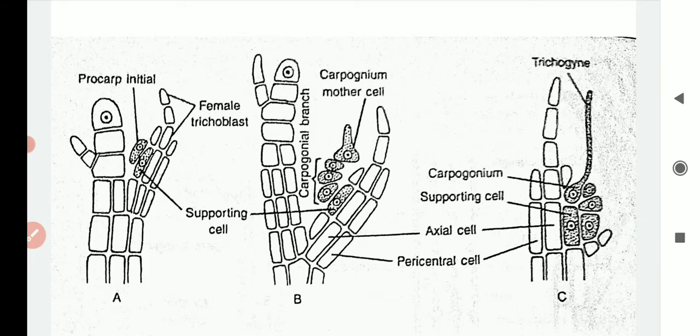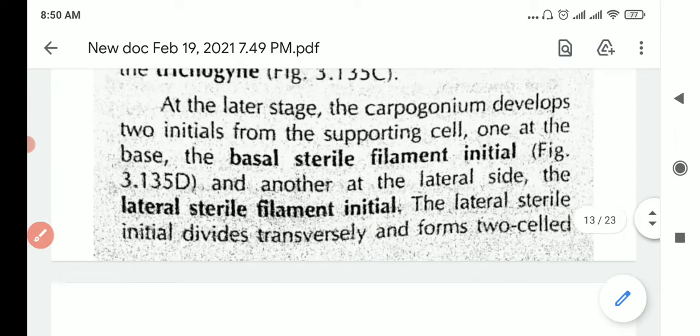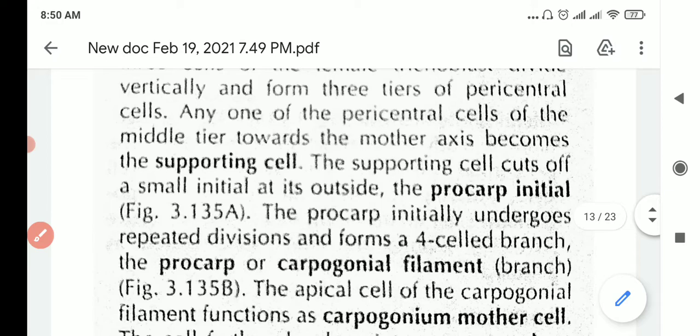Okay, here. This is the supporting cell and this is the procarp initial. Then the procarp initial undergoes repeated division and will form a 4-cell branch, that is the procarp or the carpogonial filament.